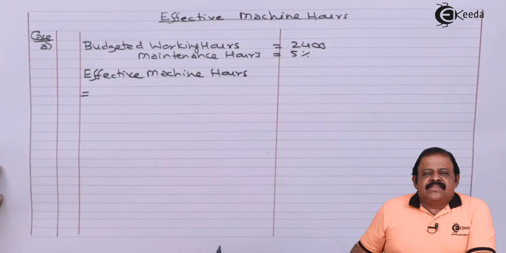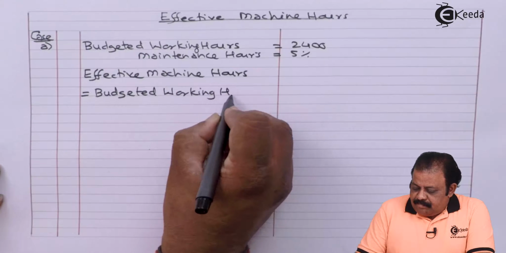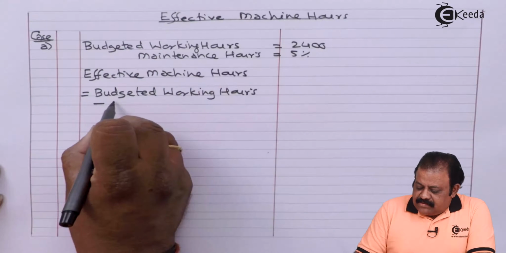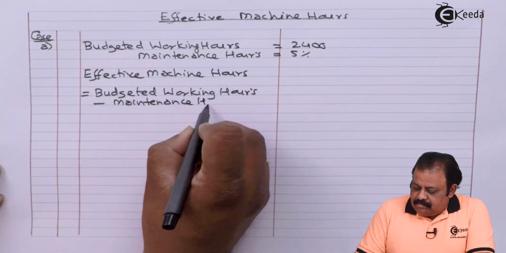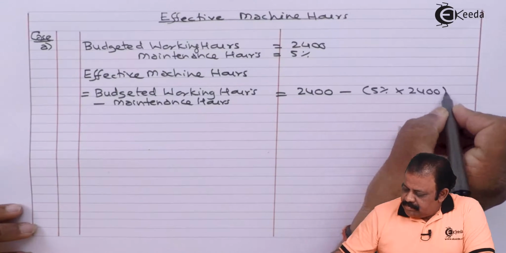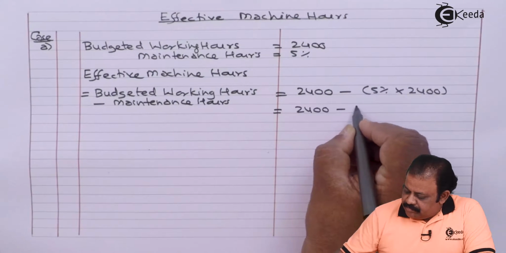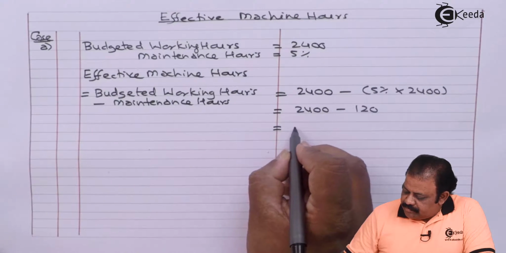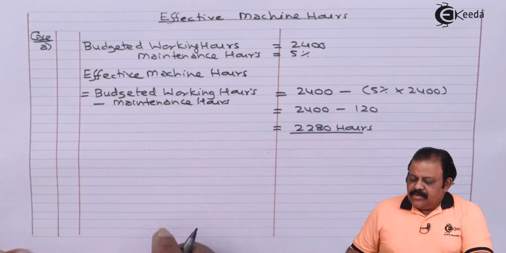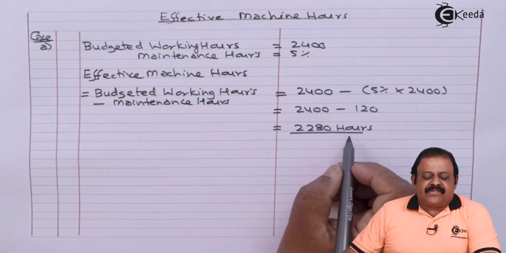So effective machine hours will be budgeted working hours minus maintenance hours. 2,400 hours minus 5%. So in this case, effective machine hours are 2280 hours.